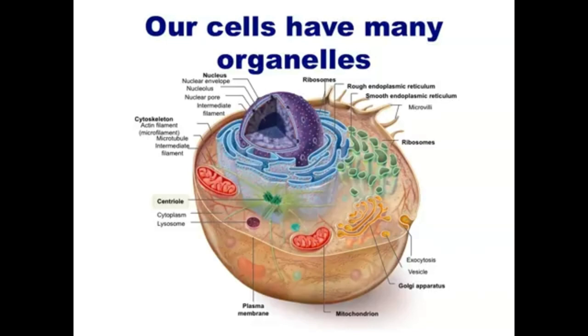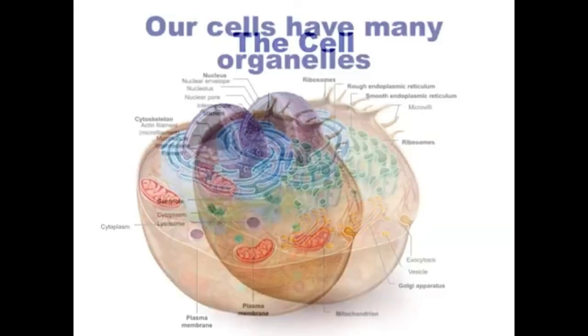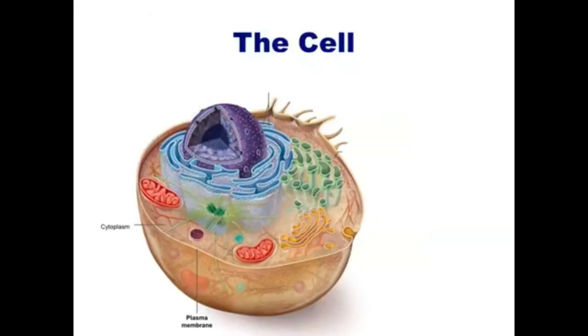Here is a typical animal cell, with several organelles indicated. Let's walk through some of these, one by one. First, you should remember that all of these organelles are found within the cytoplasm, which is the inner fluid space of the cell.